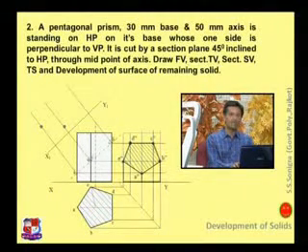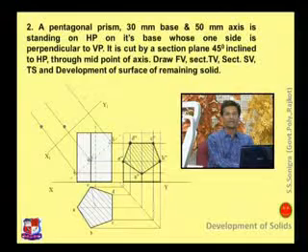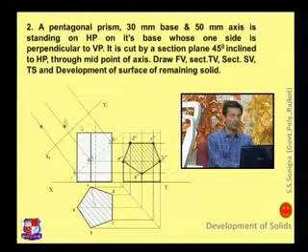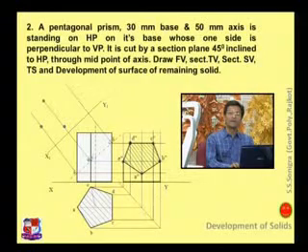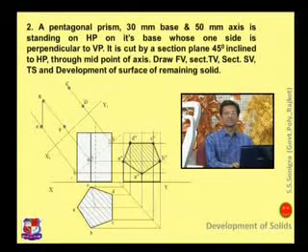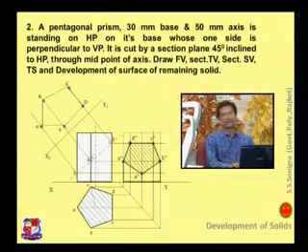This is point E, right? Because point E is nearer to the xy line. So measure the distance from xy line to E and put it over here. This is point E. Similarly, point B, point C and point D. A, B, C, D. Join all these points with straight lines. It would appear as a pentagonal shape.